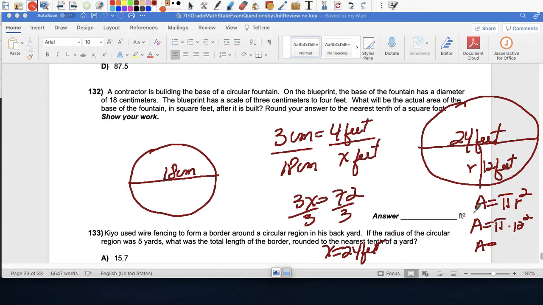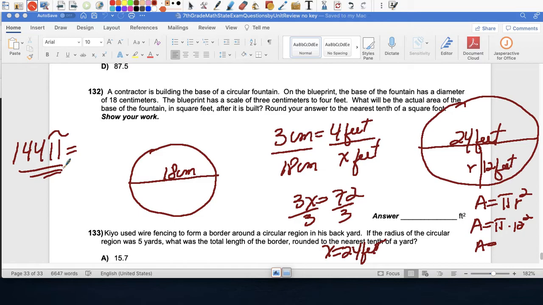Okay, 144 times pi, oh, I found it. Pi, enter, here we go. So, 12 squared is 144, so you're going to have this in your calculator.